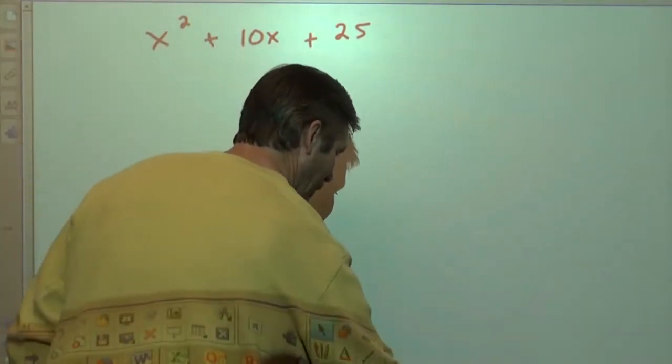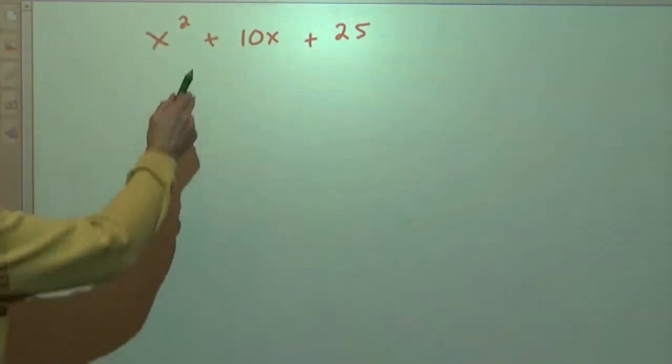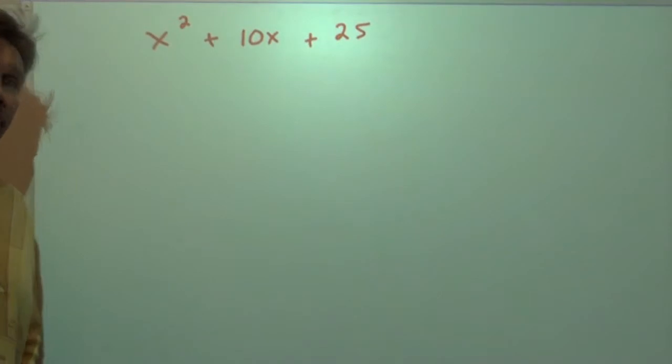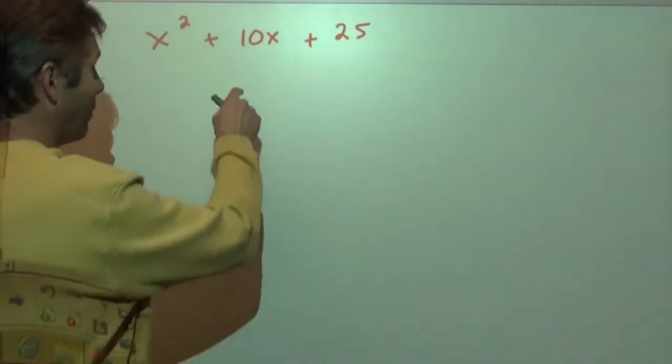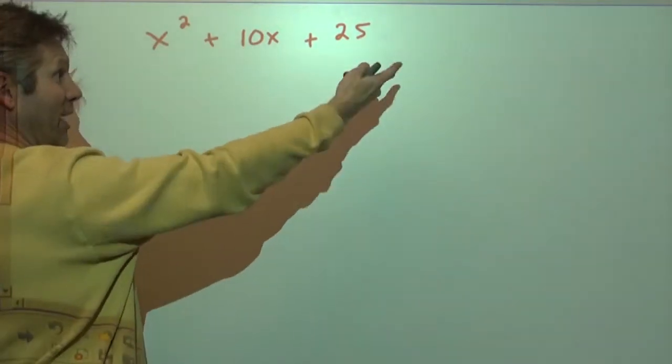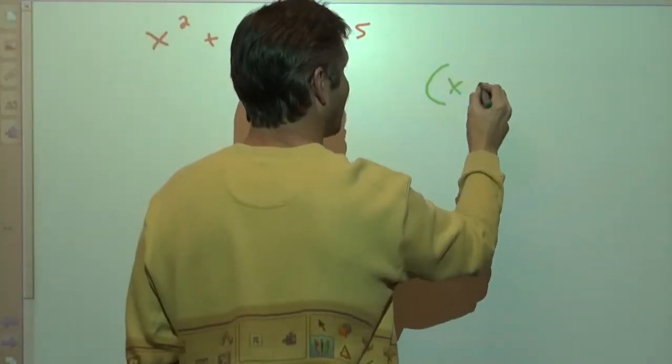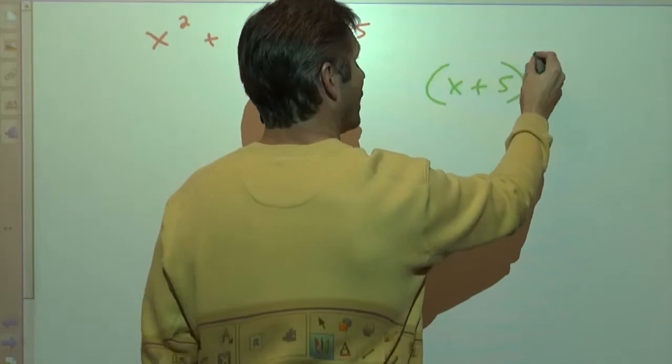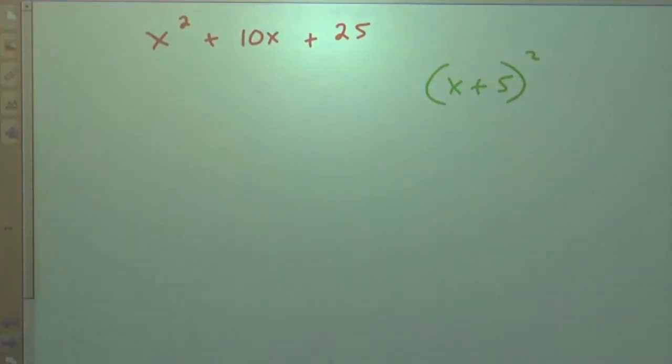Let's look at a couple more special cases right here. What we'd love to get our students to do is to recognize that this is a perfect square trinomial. That because half of this linear coefficient squared would give you the constant coefficient, we'd love it if you could see that this would end up being the quantity x plus 5 squared.